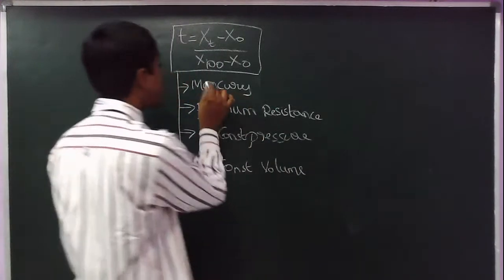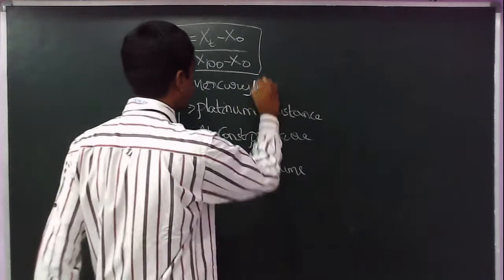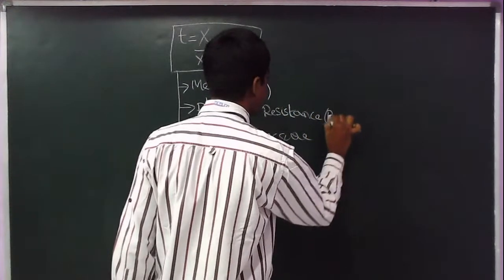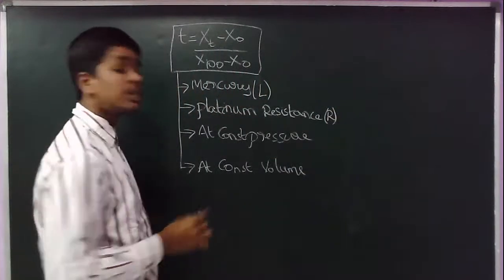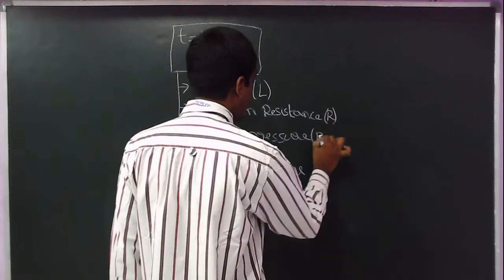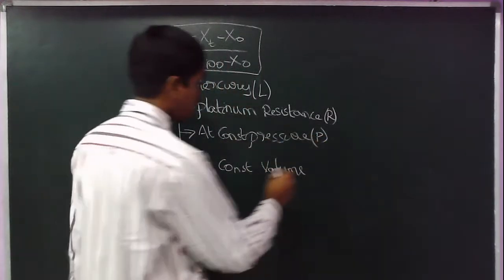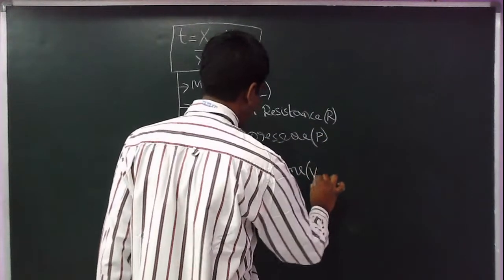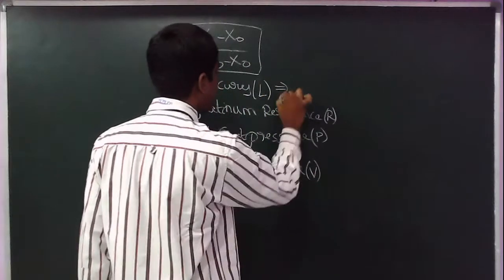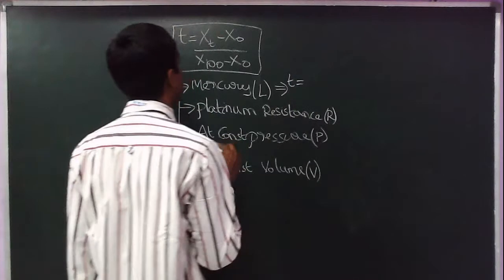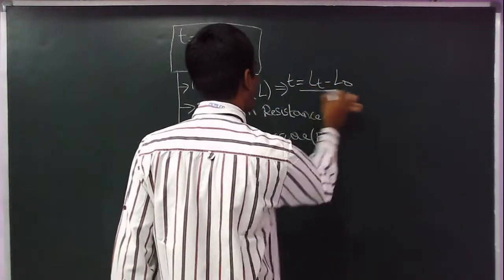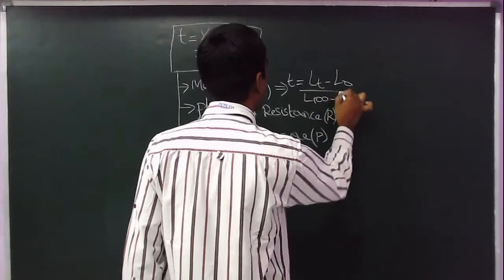Here it is L, length, and for resistance it is R. Now for this one it is P, pressure. It is V. Okay, now let's write the values. T is equal to (LT minus L naught) upon (L100 minus L naught).